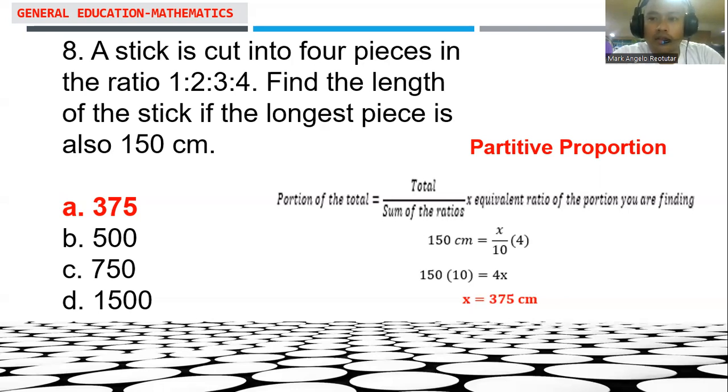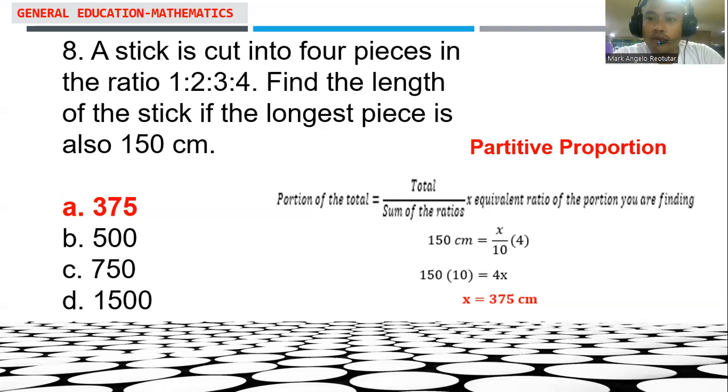But this stick was cut into 4 parts. Iba-iba yung lengths ng mga parts na yan kasi yung ratio natin is 1:2:3:4. In this particular case, 1 is the shortest among the 4 cuts, while 4 is the longest. So 4 represents 150 in this case.